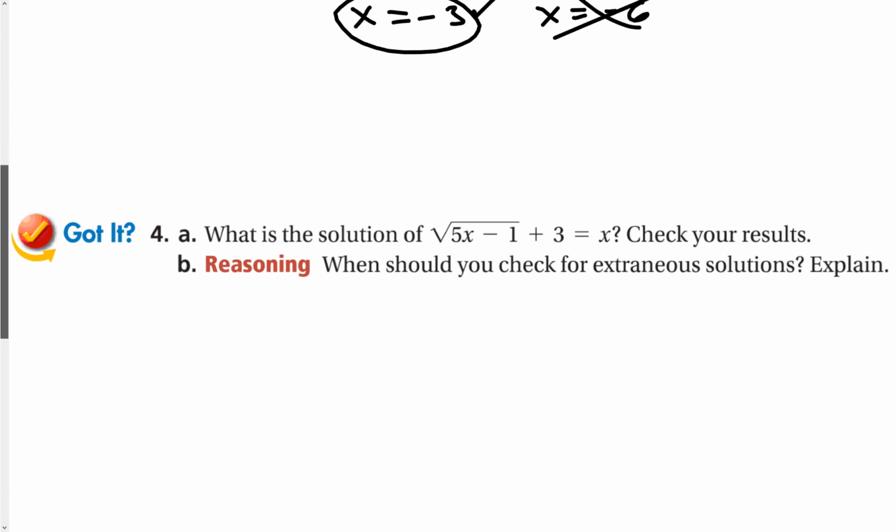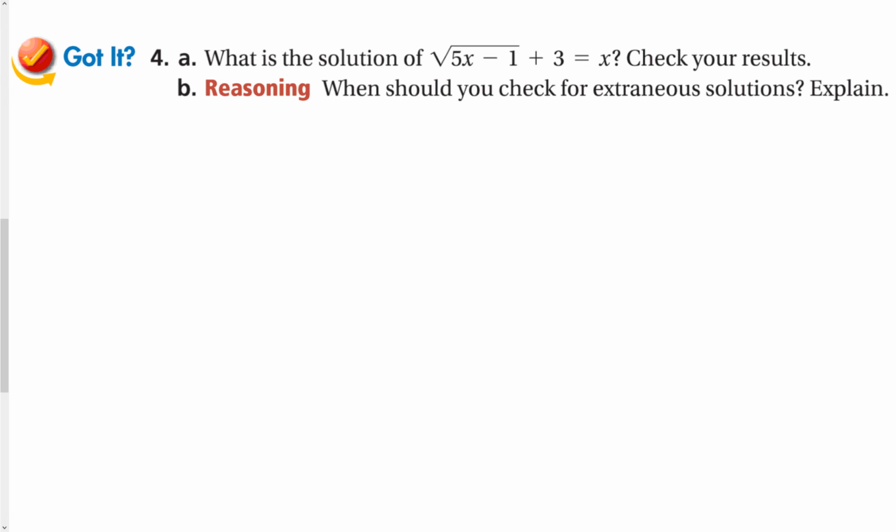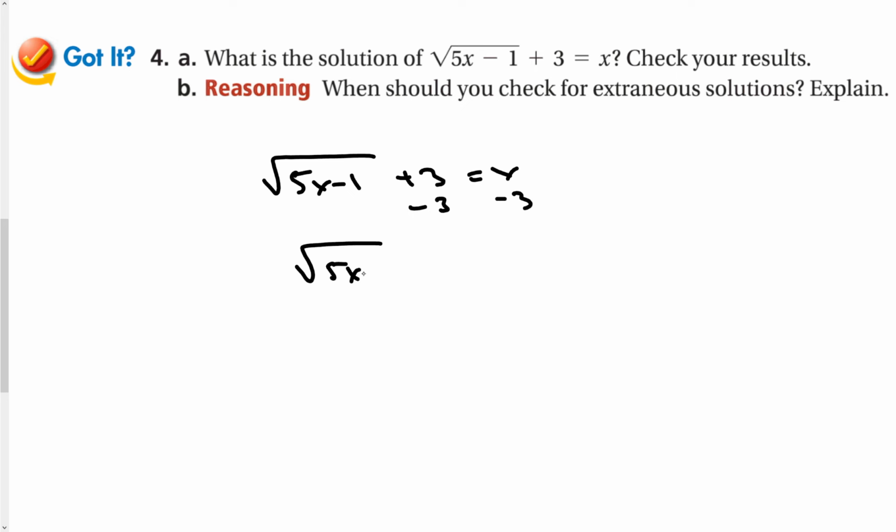Let's try another one. We got a problem here. So let me rewrite it down here. So we have the square root of 5x minus 1 plus 3 is equal to x. I'm going to subtract 3 from both sides to start. 5x minus 1 is equal to x minus 3.